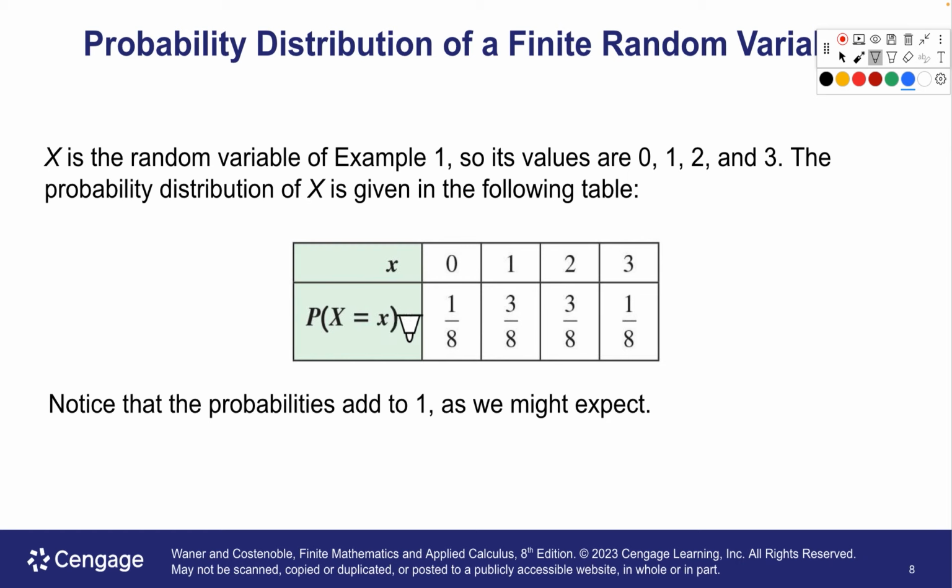So x equals 0, 1, 2, 3, or 4. Well, in this case not 4, but 0, 1, 2, and 3. And we have all our probabilities, and again notice the total, the sum, is always equal to 1. 8 out of 8, 8 eighths, which is 1. Okay, that will always happen.